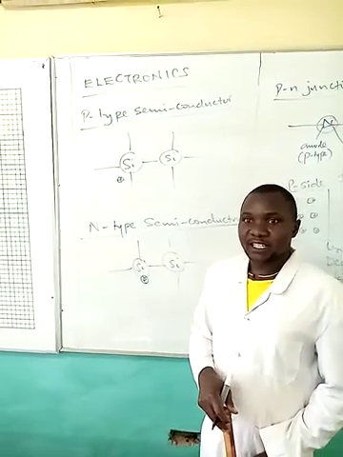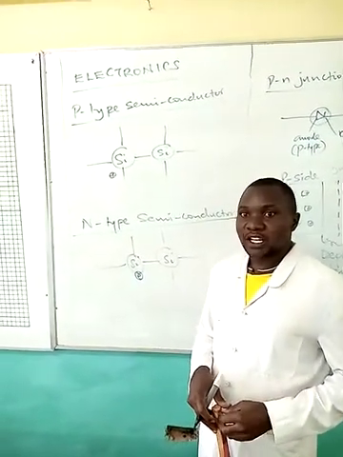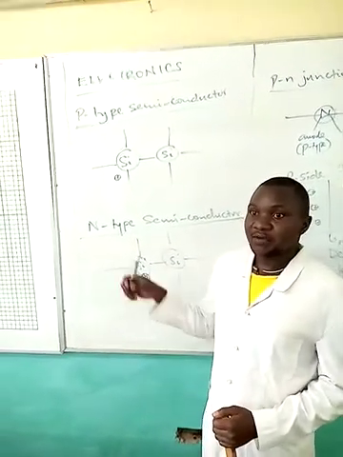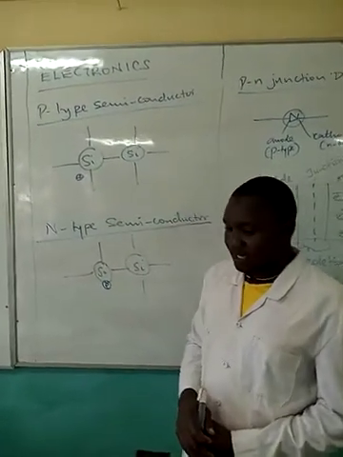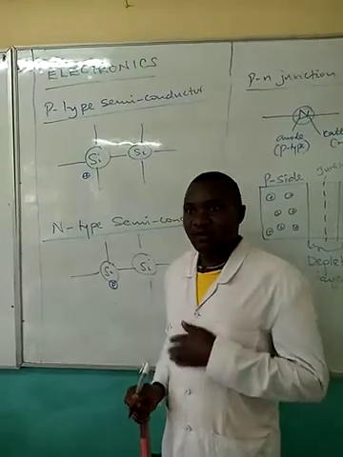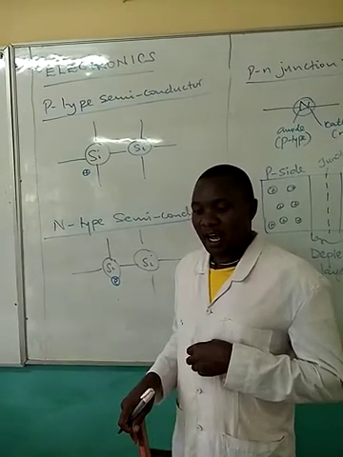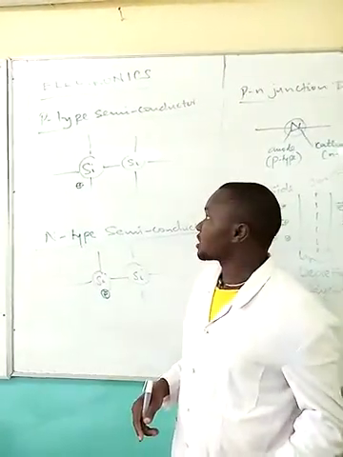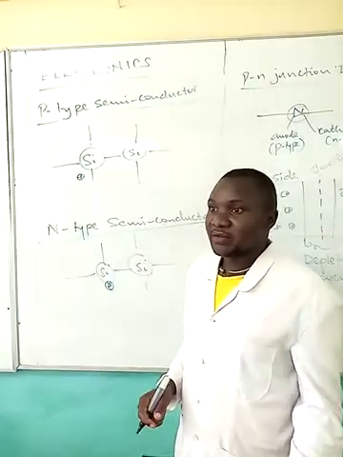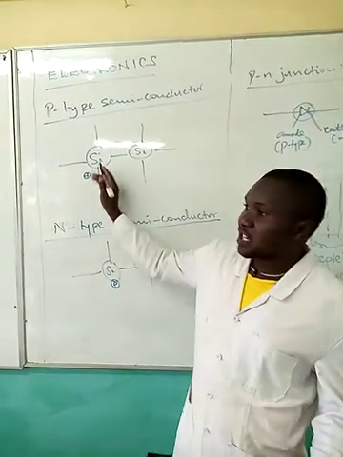Let's look at the first type of extrinsic semiconductor, which we call P-type semiconductor. P-type semiconductor is a semiconductor whose electrical conductivity can be improved by doping with a group 3 element. A group 3 element, which we call trivalent atoms, e.g. boron, has 3 electrons in the outermost energy level.